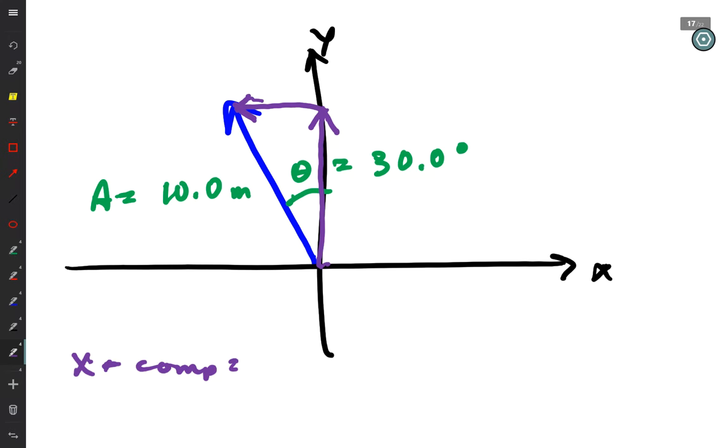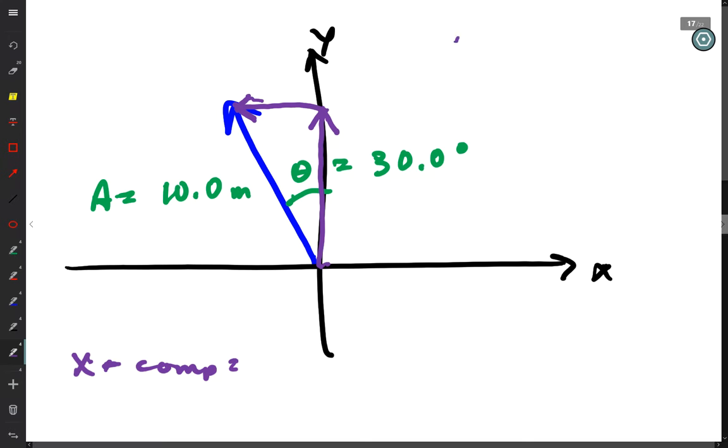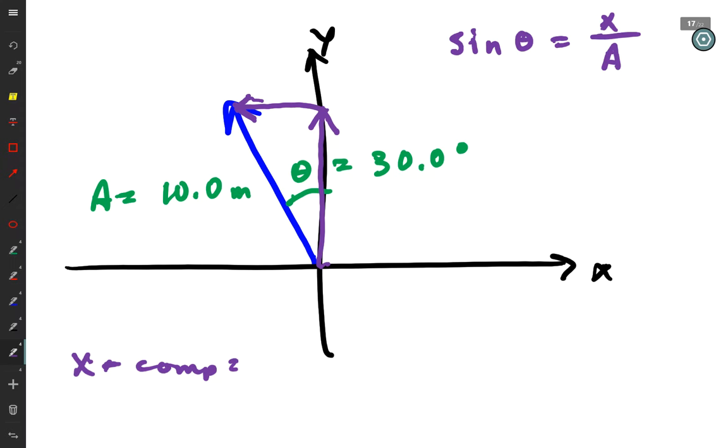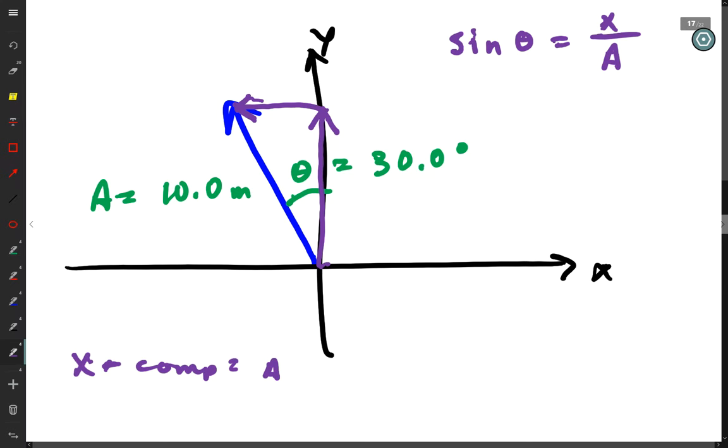So if it's opposite, that means I'm going to have sine of theta is equal to my x component divided by the hypotenuse. Opposite side over hypotenuse. Solve that for x, and I'm going to have the hypotenuse multiplied by sine of my angle.